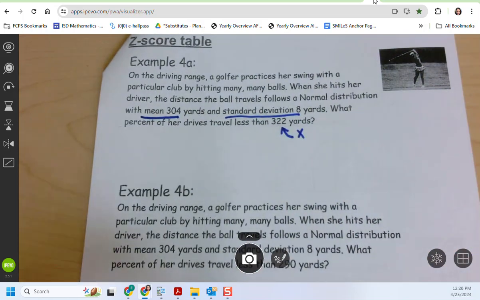While you guys are finding her z-score, I'm going to check back and see if this is loaded. Still thinking about it.